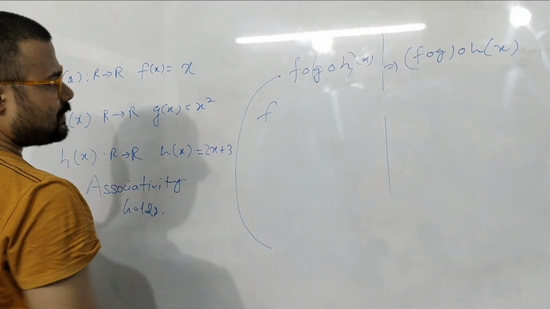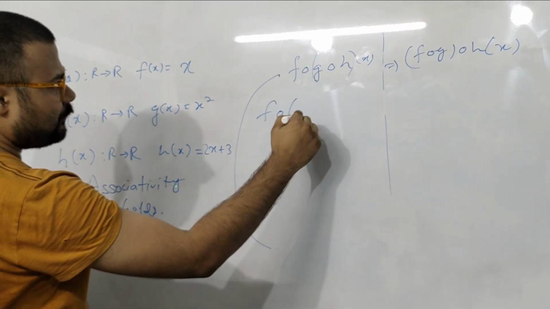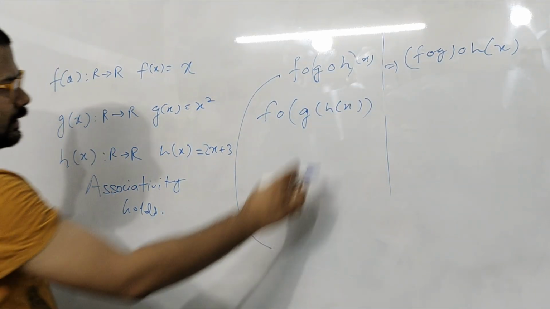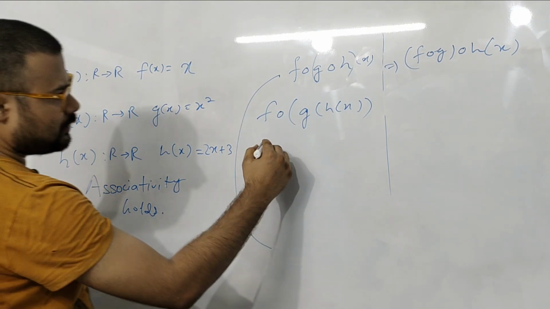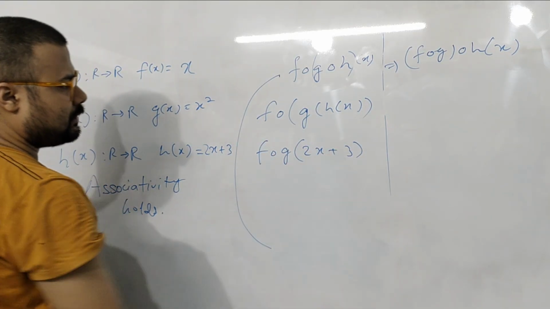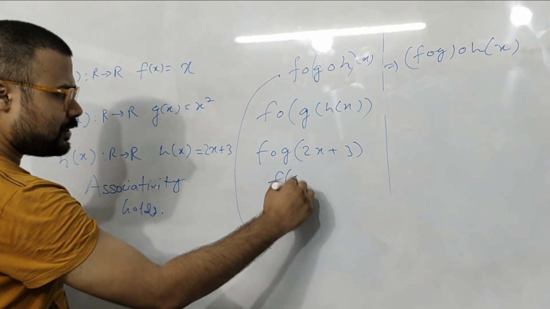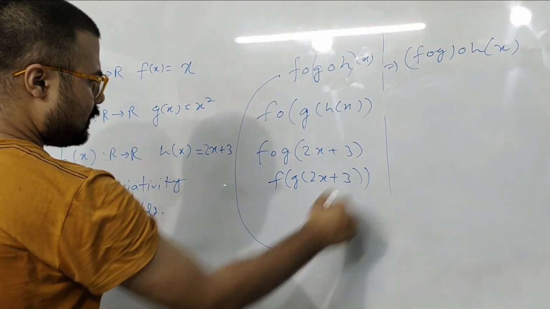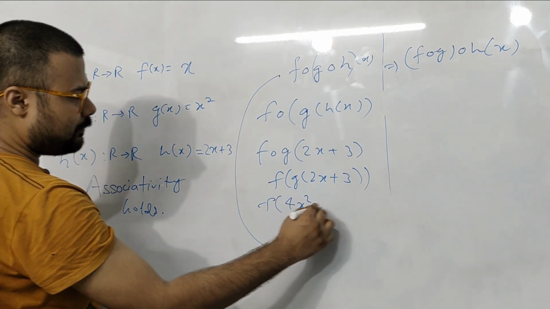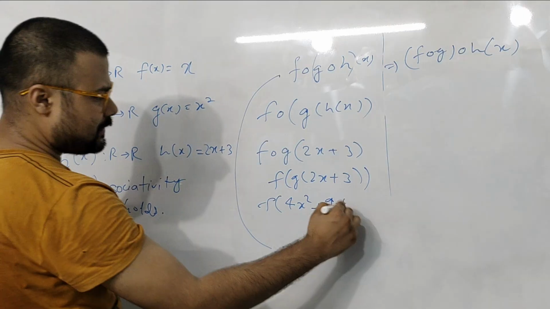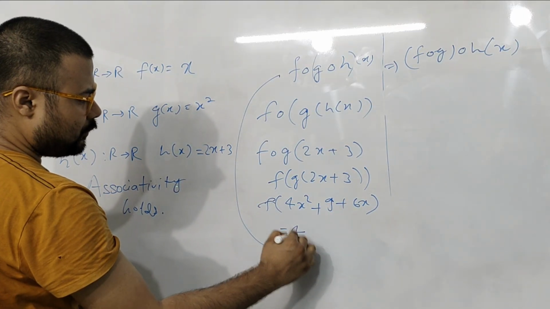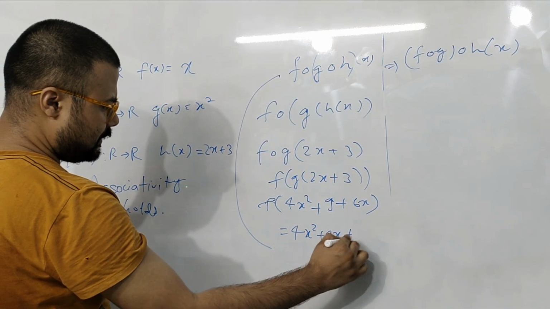Then fog of h is f of g of h of x, and h of x is 2x plus 3, so f of g of 2x plus 3. Then g is x squared, so f of 4x squared plus 9 plus 6x, and f is simply x only, so it is equal to 4x squared plus 6x plus 9.